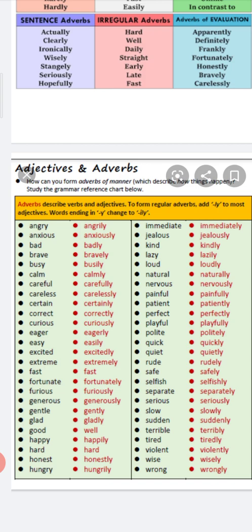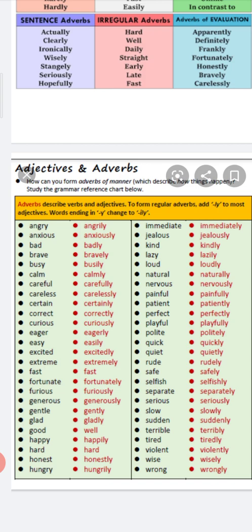Bad, badly, brave, bravely, busy, where there is a y, it will be removed and instead we will add ily. Calm, calmly, careful, carefully, careless, carelessly, certain, certainly, correct, correctly, curious, curiously, eager, eagerly, easy, easily, excited, excitedly.